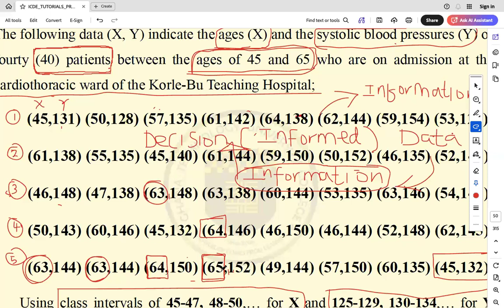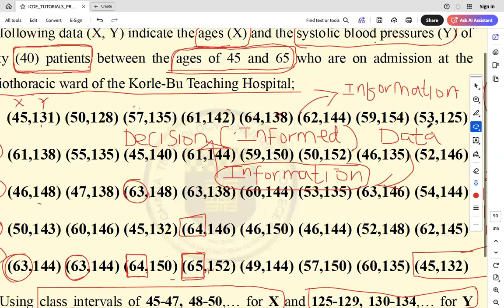So we keep going 64, 59, 60, 46, 69, 65 is still the biggest. 62, 50, 53, 46, 57, 65 is still the biggest. 59, 46, 63, 50, 52, 60, and then finally 53, 52, 54, 62, 45.